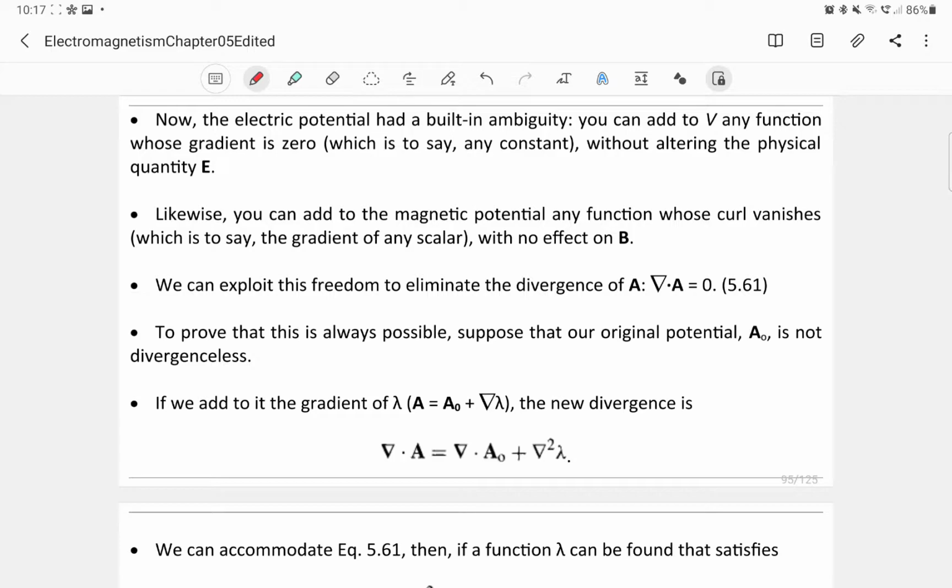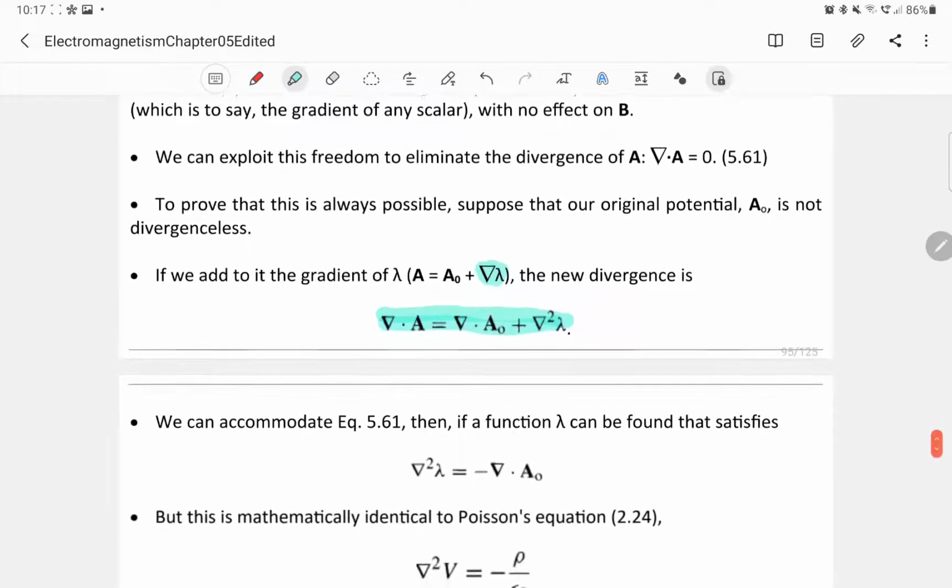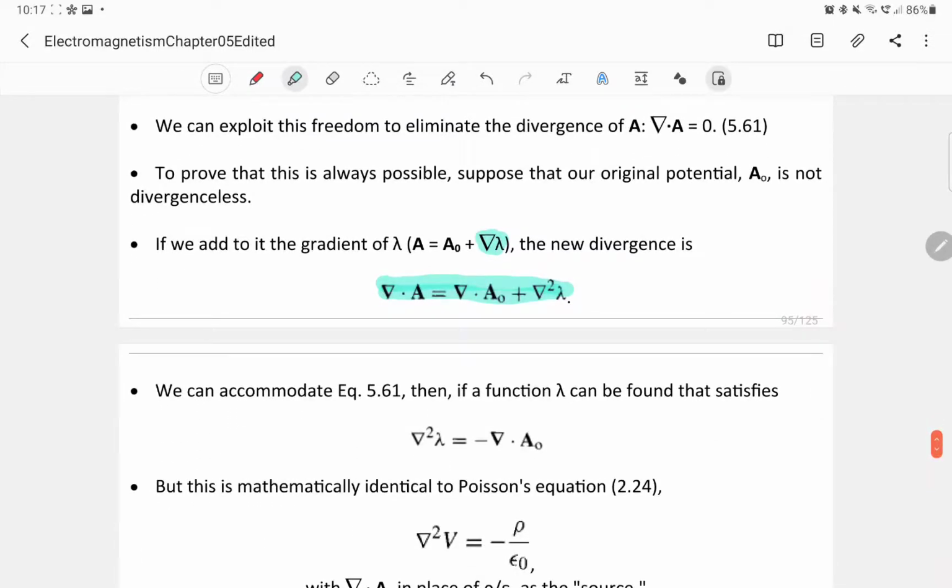The same is true in magnetostatics, where you can add the gradient of a function, say lambda, to A, where the divergence would now look like this. And so the divergence of A is equal to 0, therefore you will be able to have this one.